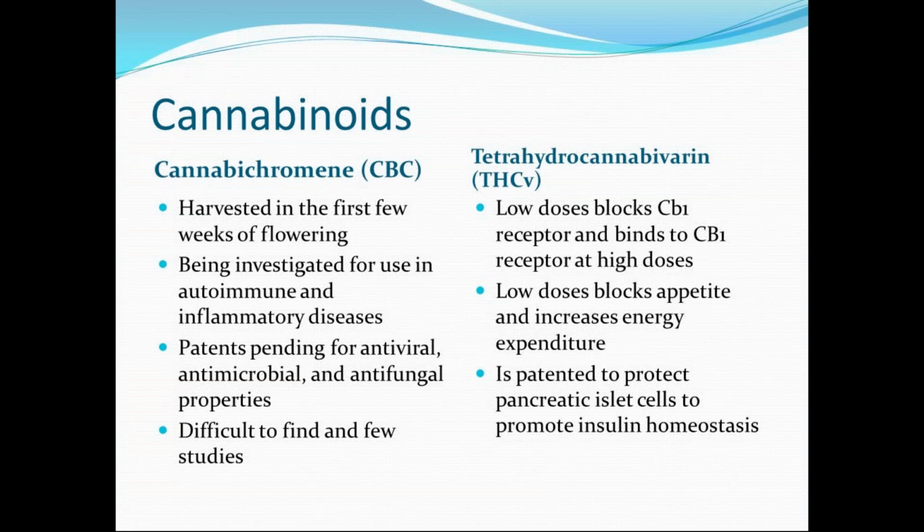Low doses block appetite and increase energy expenditure. And it is patented at this time to protect the pancreatic islet cells to promote insulin homeostasis, which means THCV could be incredibly useful in the treatment of diabetes, both type 1 and type 2. And it could help the pancreas maintain insulin homeostasis.